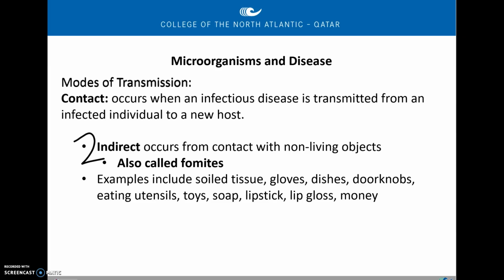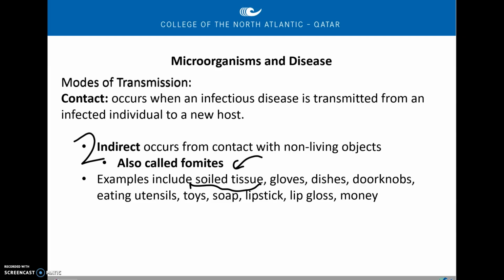So a fomite could be something like a soiled tissue. A friend of yours blew their nose, they left the tissue on the desk, you picked it up and put it in the garbage, and you get the cold from doing that. That's indirect contact transmission by way of a fomite, and the fomite was a soiled tissue.